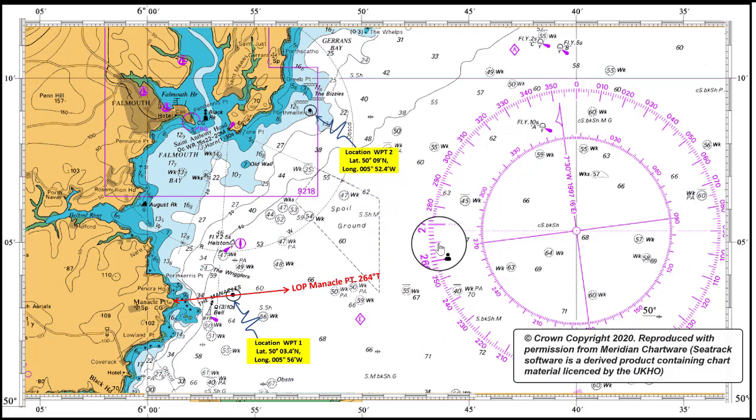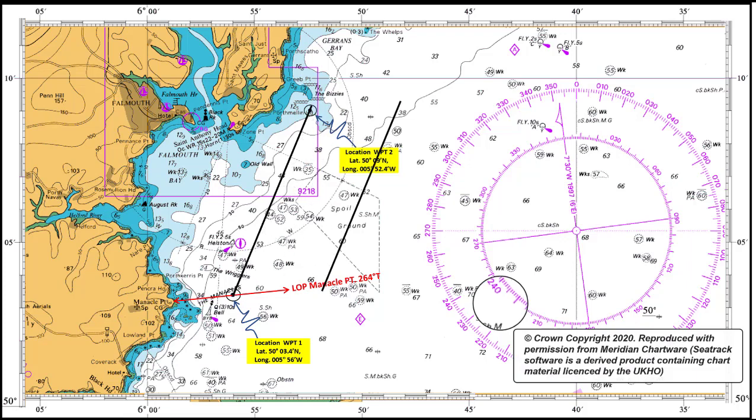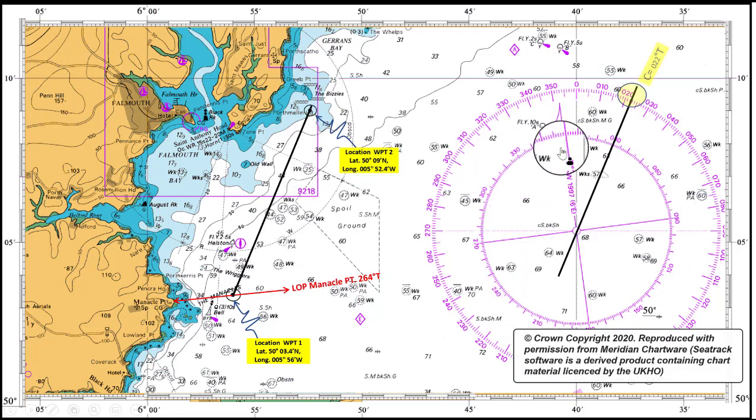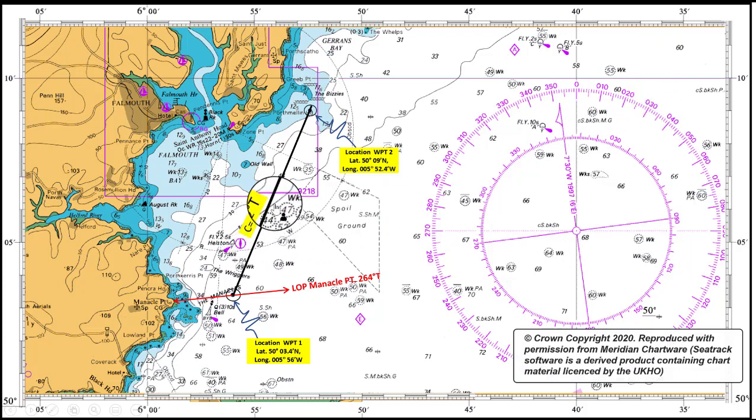The next task is to draw the course line from waypoint 1 to waypoint 2 and determine the course. The course equals 002 degrees true.